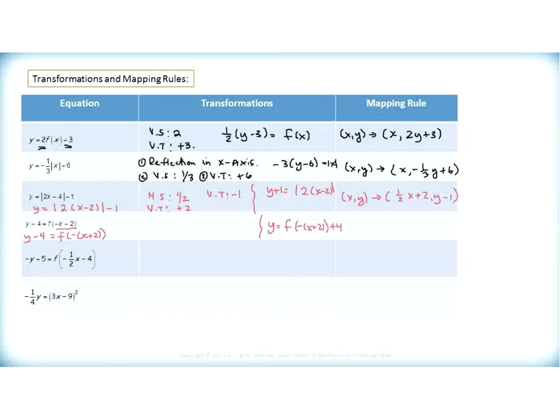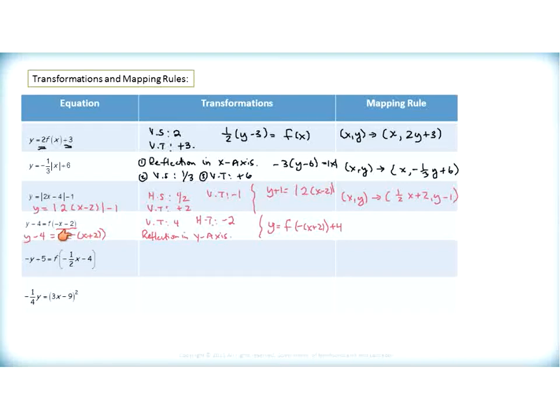Now let's list all the transformations that we see here. We've got a vertical translation of positive 4. We've got a reflection again, but this time it's in the y-axis. And we've got a horizontal translation of negative 2.